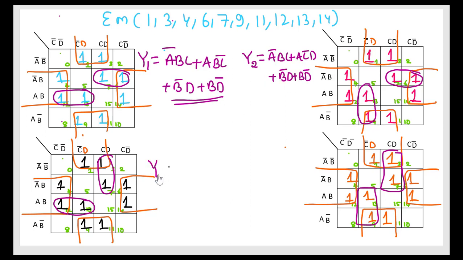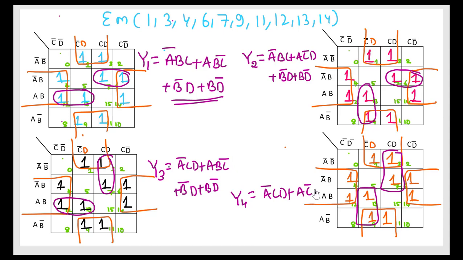Similarly, if you write for y3, A bar CD plus ABC bar plus B bar D plus BD bar. Similarly, if you write for y4, A bar CD plus A C bar D plus B bar D plus BD bar.